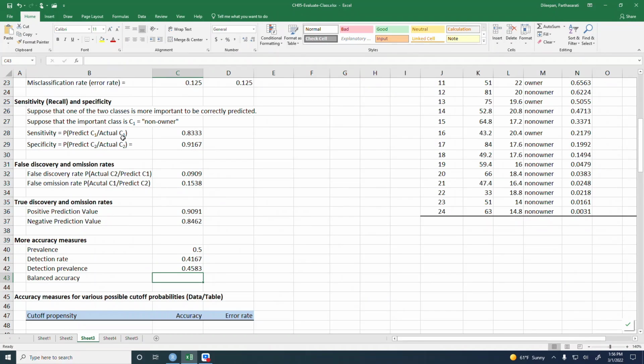Sensitivity and specificity is from each class. So we are looking at each class and then looking at how well we are predicting. Okay, so take the average of sensitivity and specificity. Sum these two and divide by 2. That is the balanced accuracy. Okay.